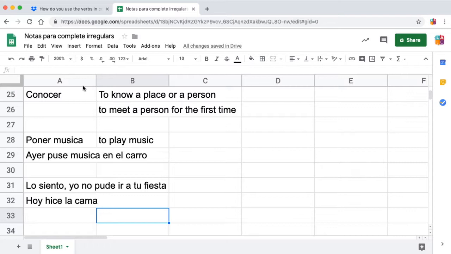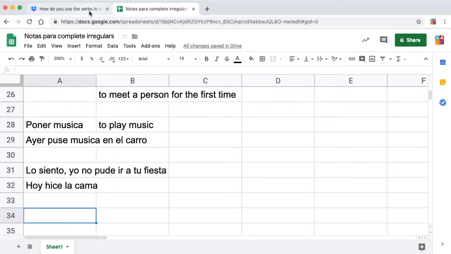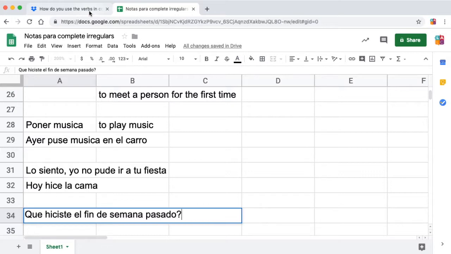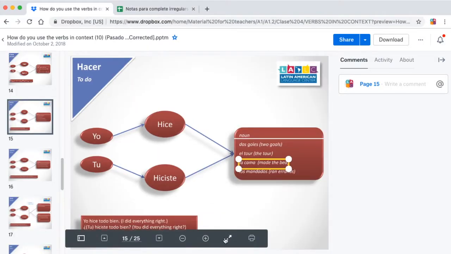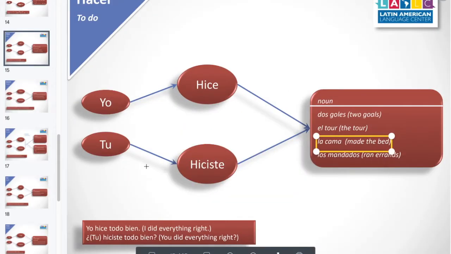I made my bed, for example. A very common question here could be, ¿qué hiciste? Remember, ¿qué hiciste el fin de semana pasado? Like, what did you do last weekend? Very common question, right? To ask your friends or something. It comes from tú, hiciste, right?